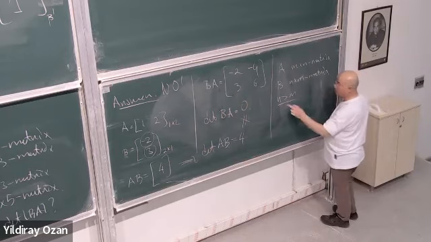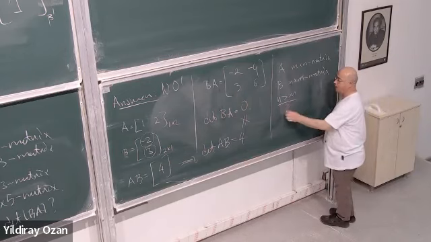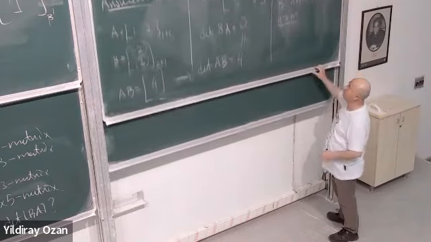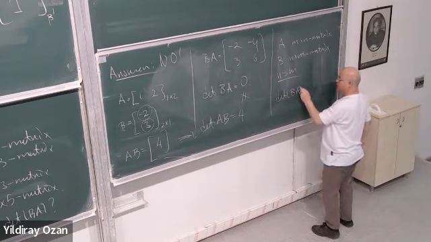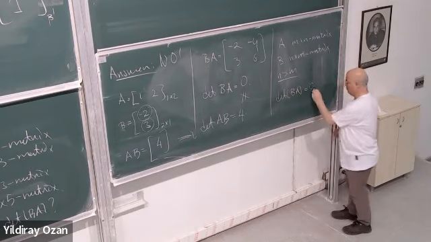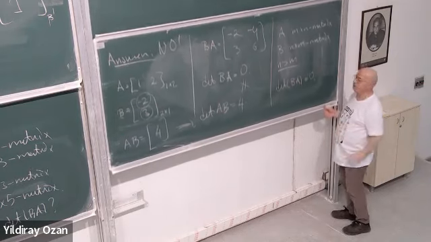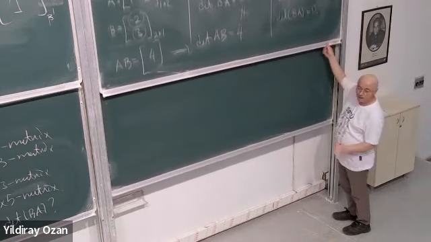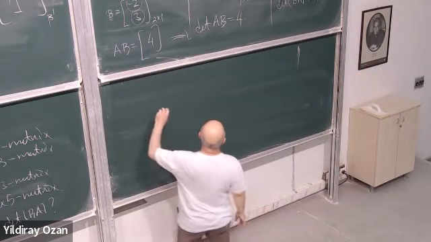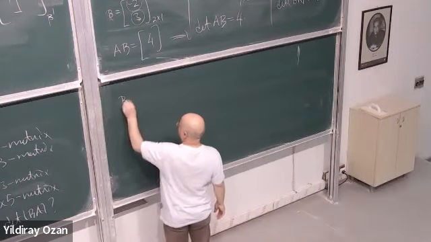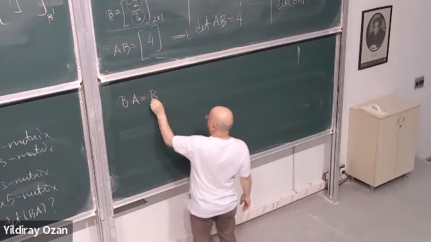So, I look at the following. I claim this determinant of B times A is always zero. You can multiply them, but you get zero determinant. The reason is the following. What is B times A?